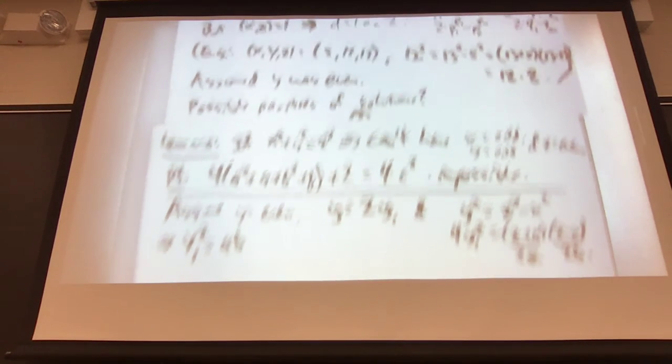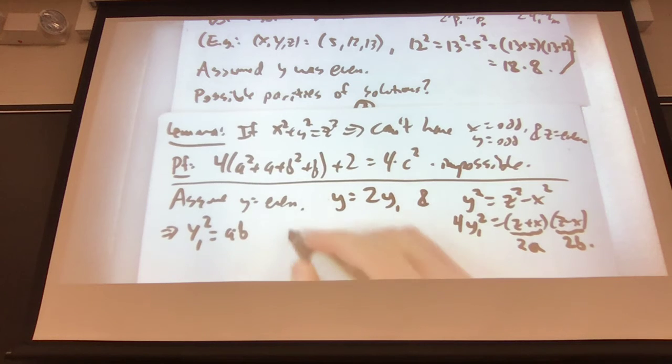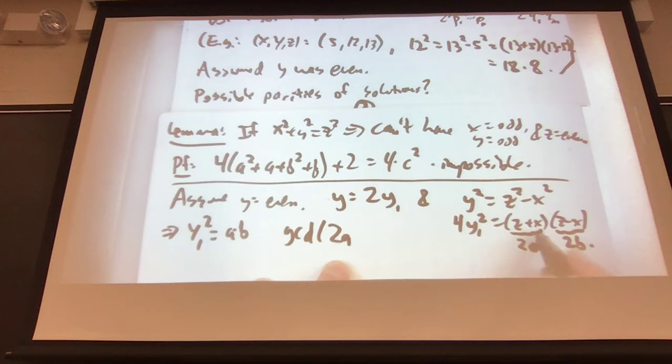And what does that mean? So the greatest common divisor of z plus x and z minus x is 2.